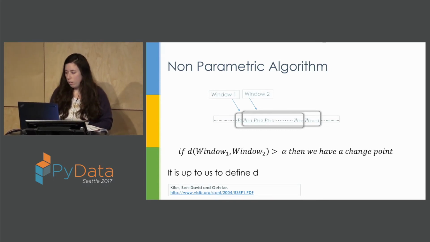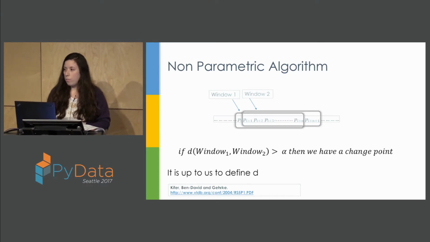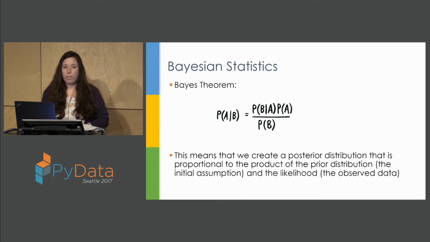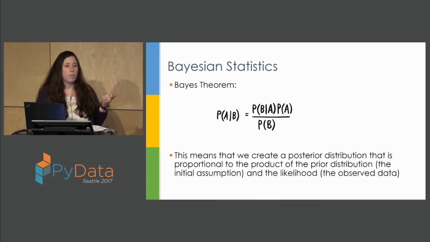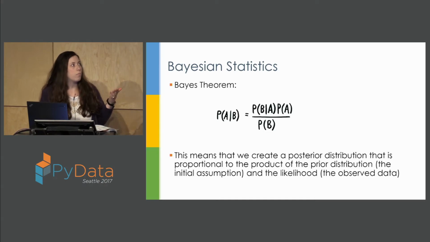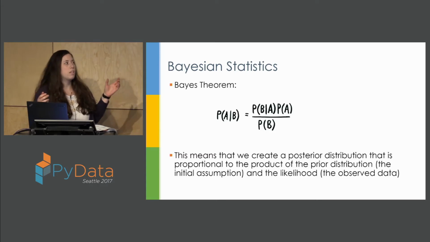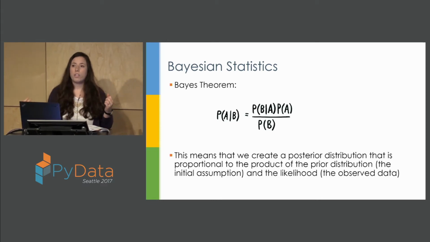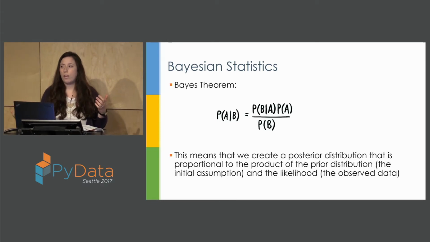And in the Bayesian area, for those of you who are not familiar with Bayesian statistics, Bayes' theorem is a theorem for computing conditional probability. We have P of A, the probability of A, which is our initial assumption about the distribution of the data.